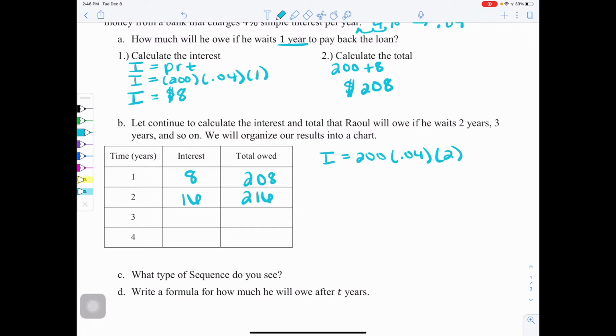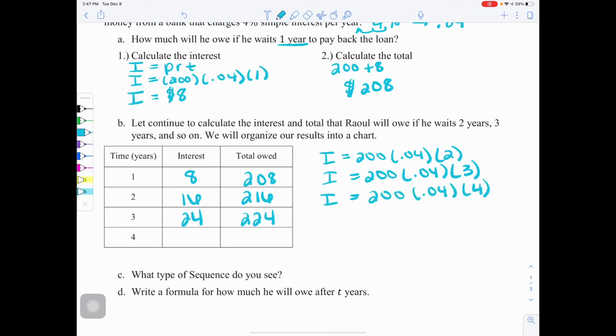That means after 3 years, if I were to write the same formula and multiply those numbers out, I would have an interest of $24 for a total of $224 that I would have to pay back. And lastly, if I did it for 4 years, I'd have a total of $32 in interest for a total of $232.